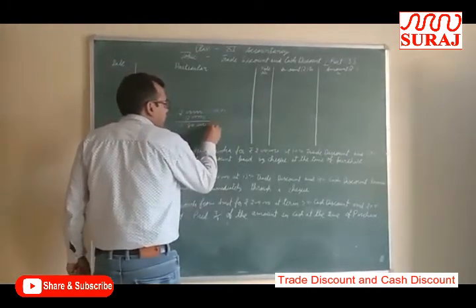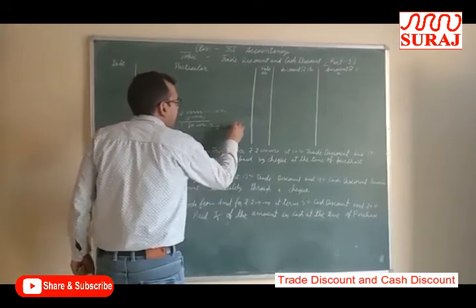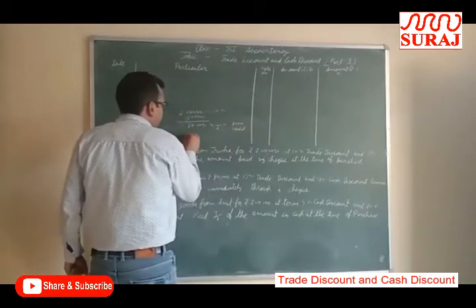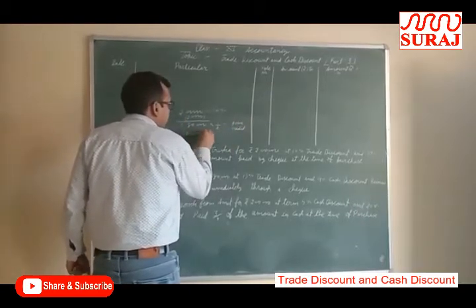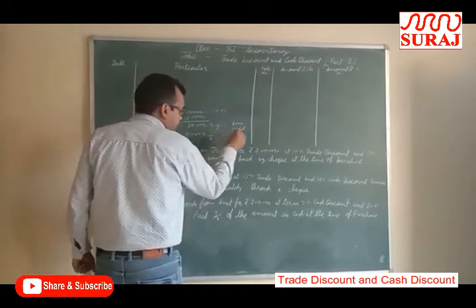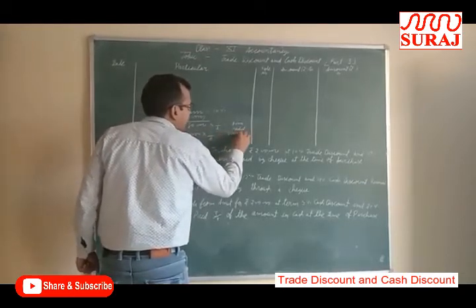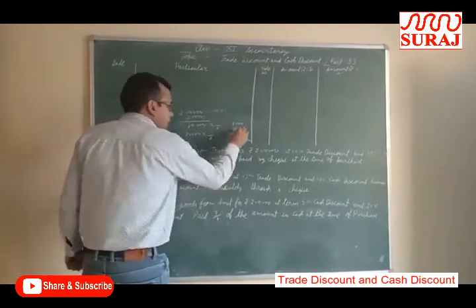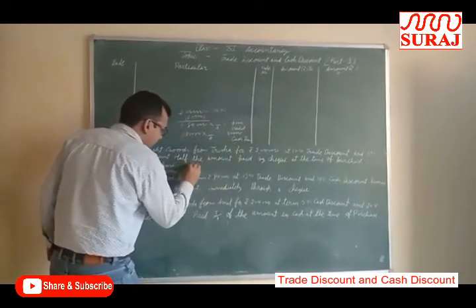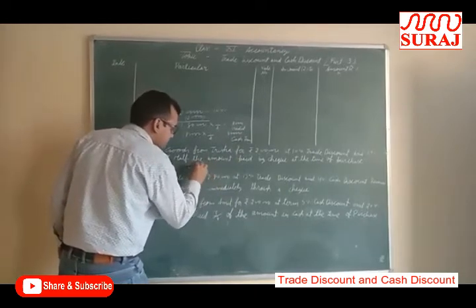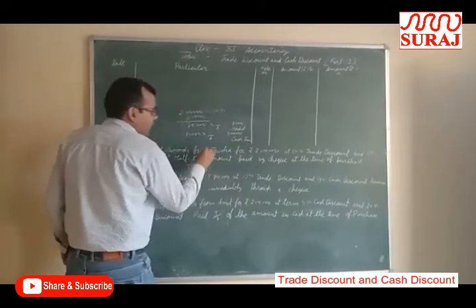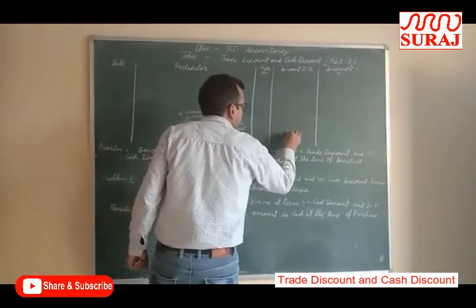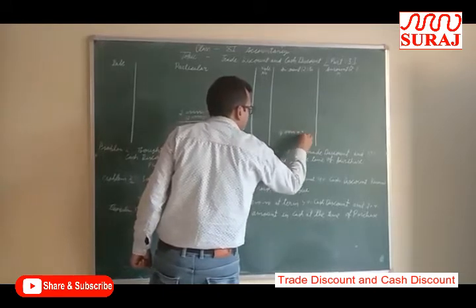First 50%, 90,000, is a credit transaction, and another 50%, 90,000, is the cash transaction. For the credit transaction we use the name Trisa, 90,000, and on the cash transaction we will give cash discount 5% of 90,000.